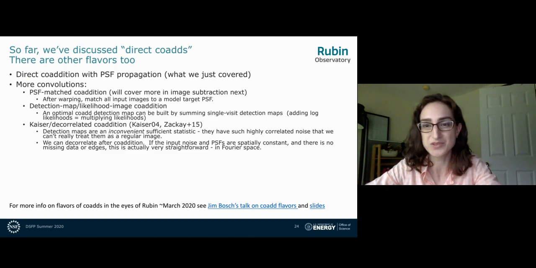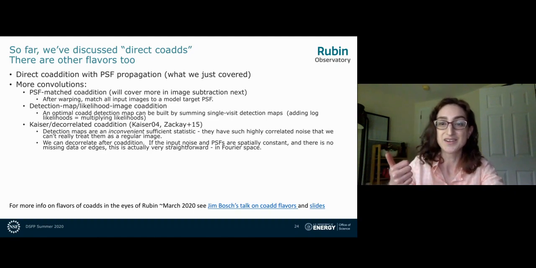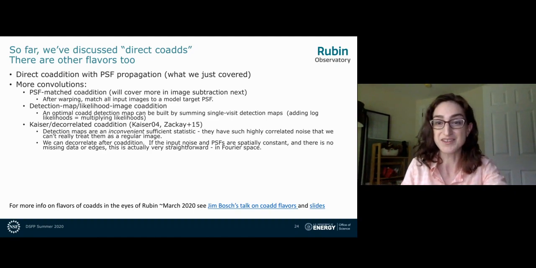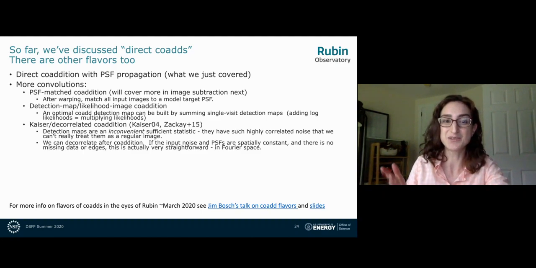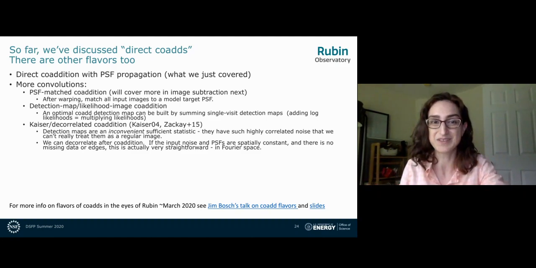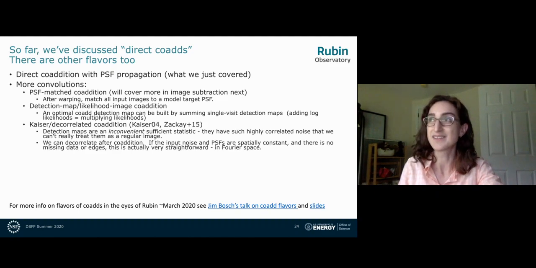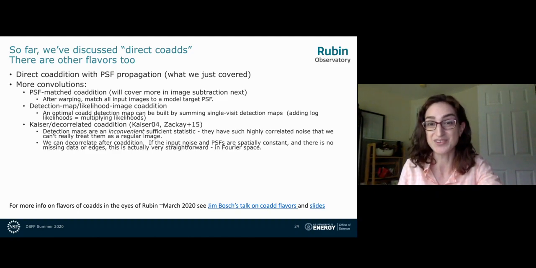A lot of people new to astronomy will ask why we use convolutions in pixel space when we can just do a multiplication in Fourier space. And the answer is that with real astronomical data, there are masked pixels. There are saturated pixels that you need to avoid. There are contaminated pixels you need to avoid. The PSFs are not spatially constant, and the noise isn't spatially constant either.